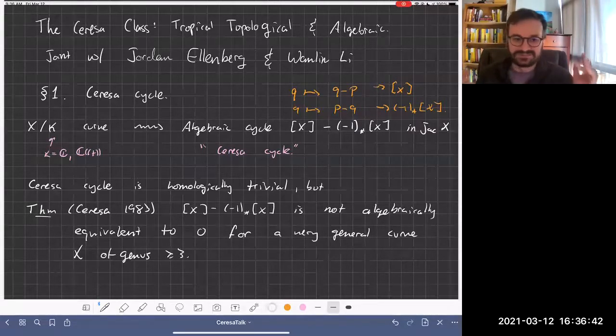The significance of this is that it's one of the easiest cycles to define that's homologically trivial, but for a very general choice of X is algebraically non-trivial. So it's one of the simplest cycles that goes beyond homology in this context.